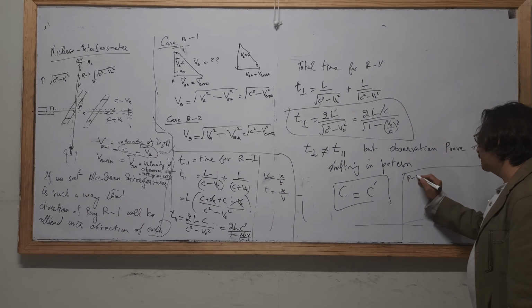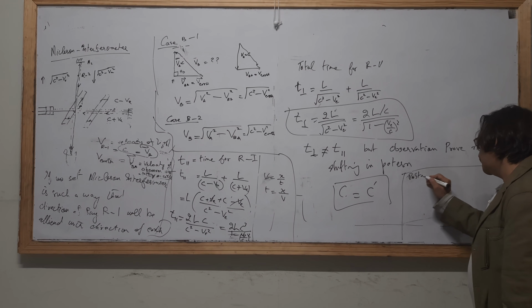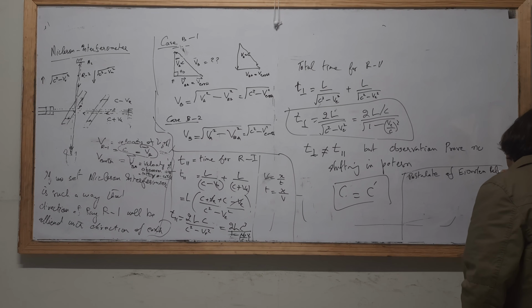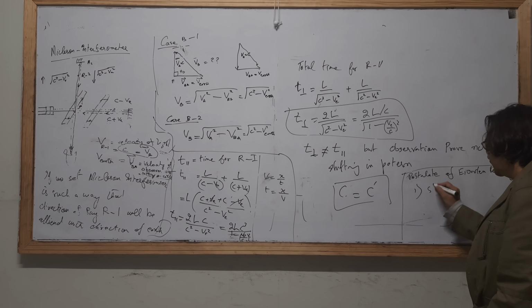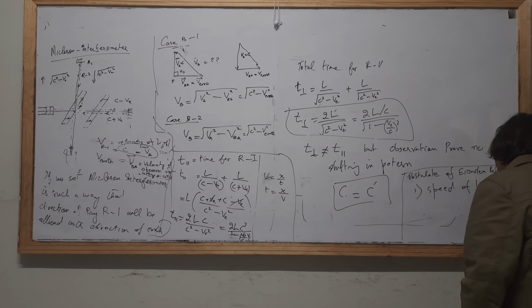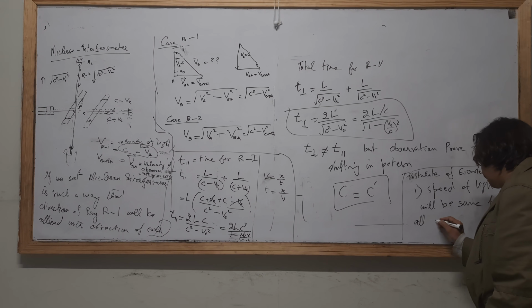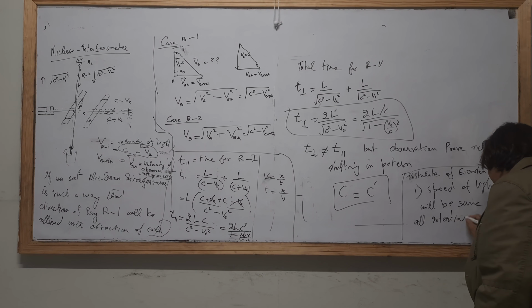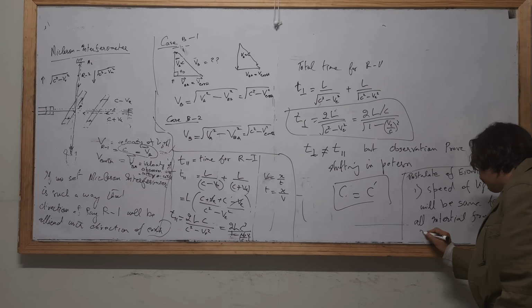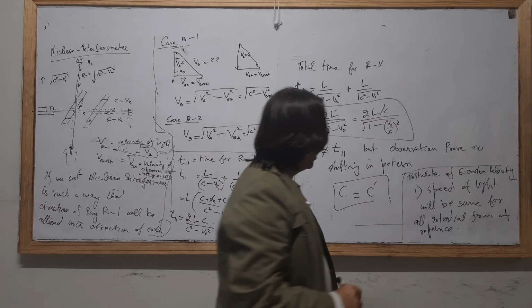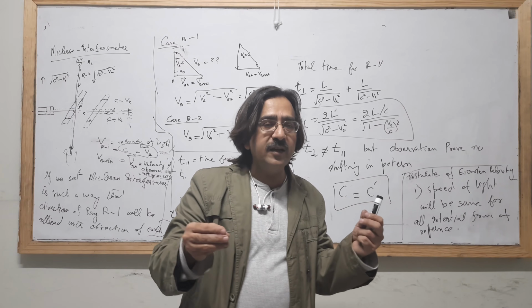First postulate: the speed of light will be the same for all inertial frames, meaning frames moving with constant speed.